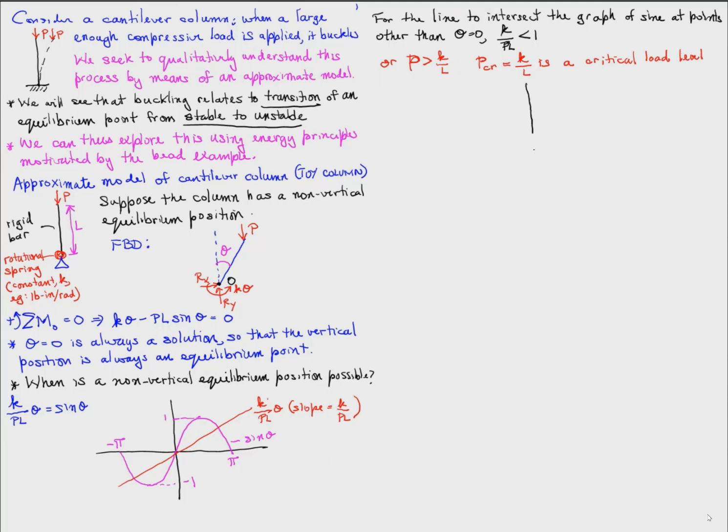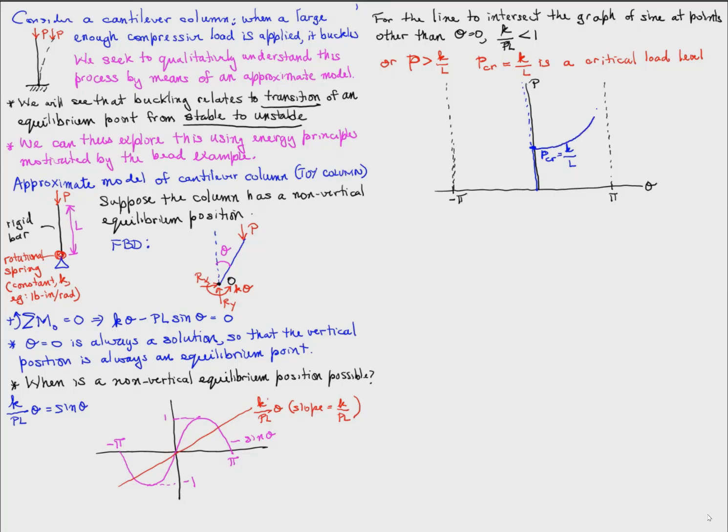So if P is more than P critical, then a non-vertical equilibrium position is possible. And for P less than P critical, only a vertical equilibrium position is possible. And therefore, this P critical is the buckling load. So if we plotted P versus theta, until P equals P critical, only vertical equilibrium points are possible.